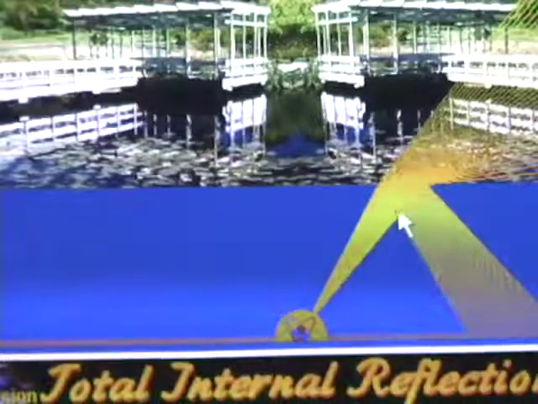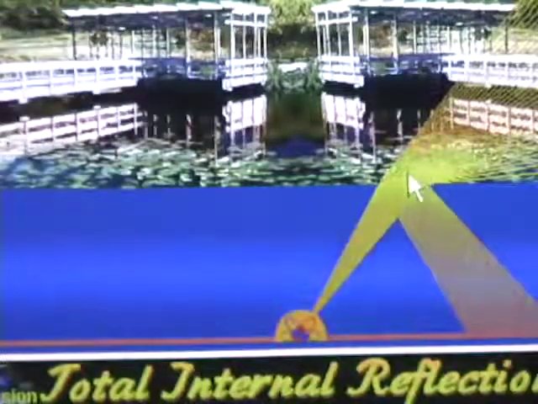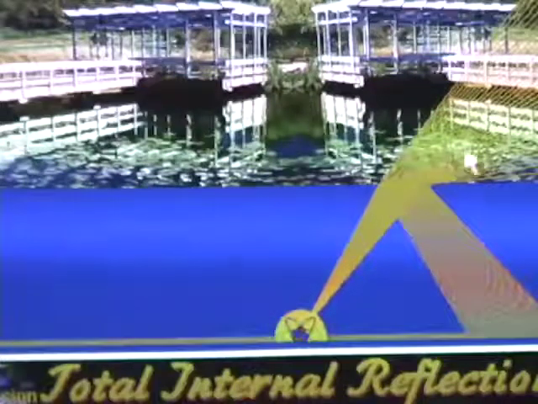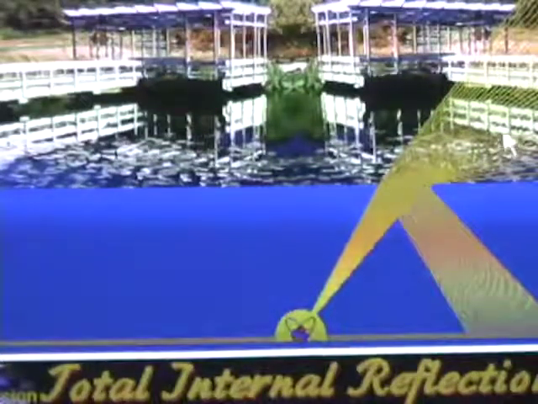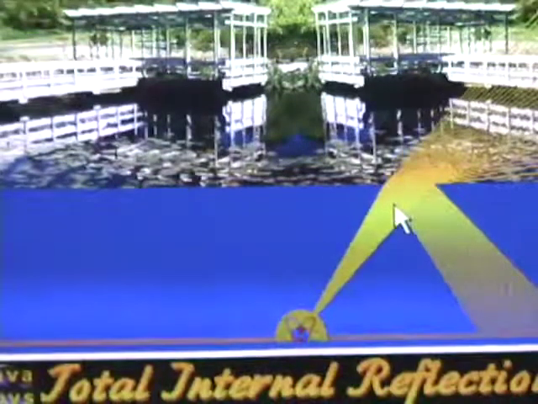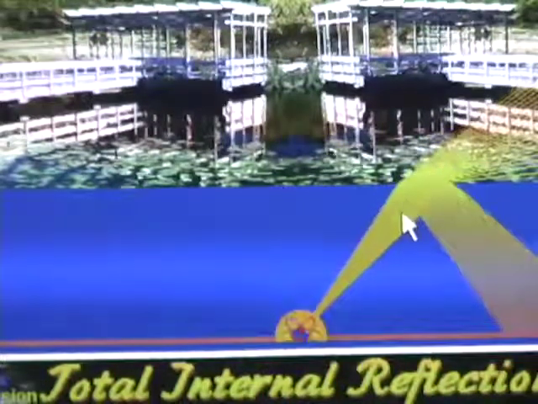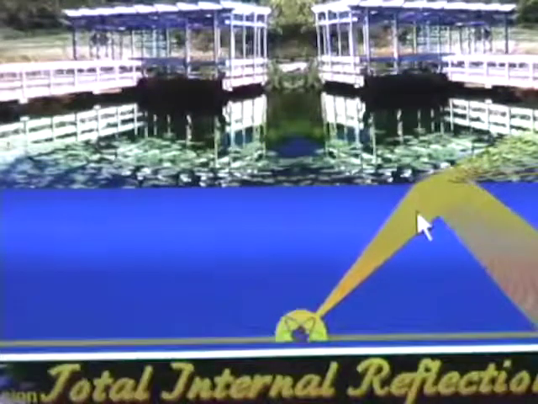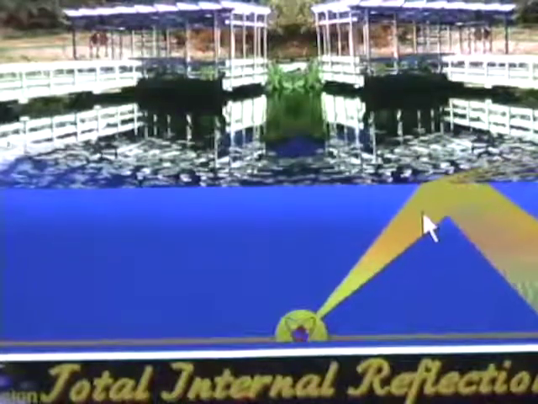Now this diagram shows light traveling from water into air. You can see a lot of light passes from water into air, and a part of it is reflected. As the angle of incidence is increased, the angle of refraction nears 90 degrees.